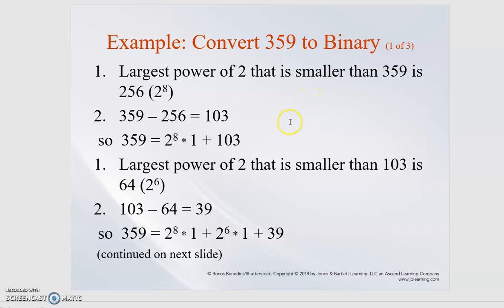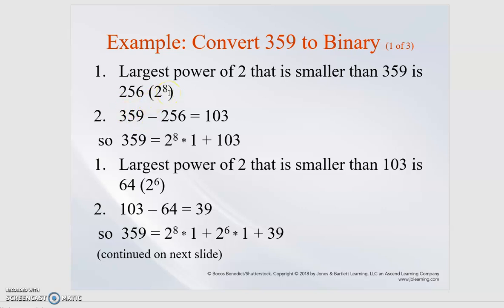So the steps here, as we saw in the previous slide: first step is to find the largest power of 2 that is smaller than 359. You can see that 2 to the power of 8 becomes 256, right? When it becomes 2 to the power of 9, it's more than 359.